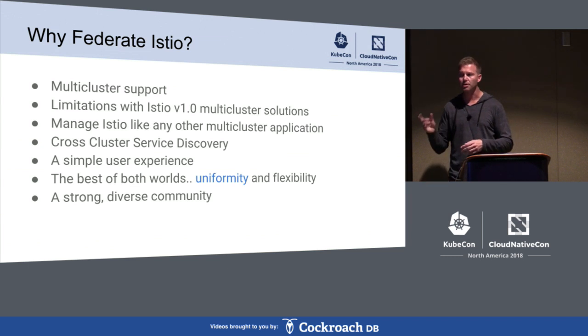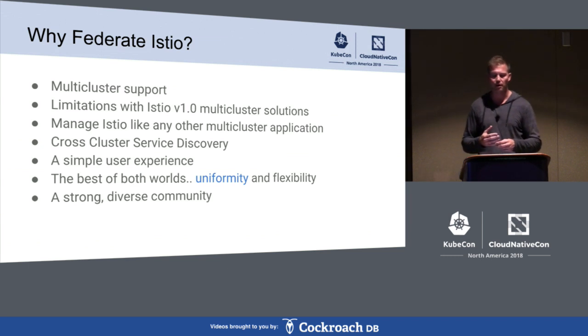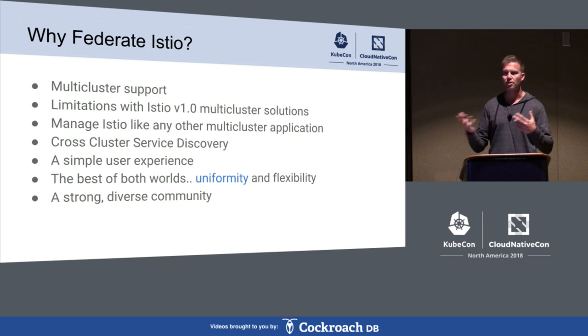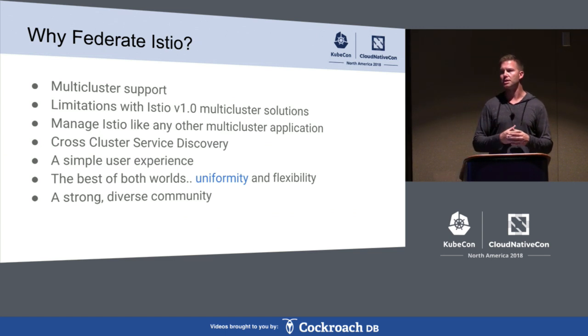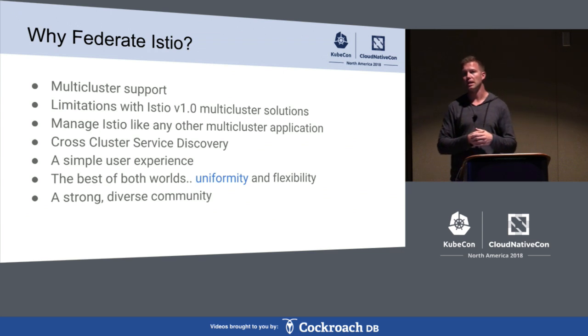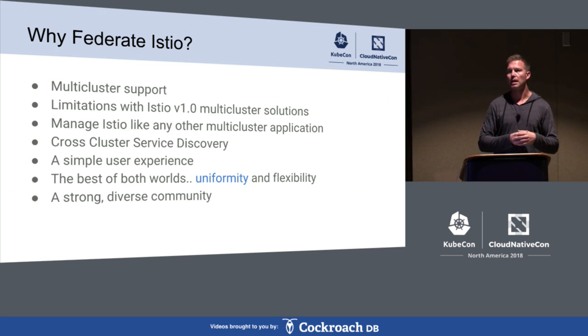One of the features that I really like of Federation v2 is the multi-cluster, cross-cluster service DNS and DNS discovery. If you're familiar with Istio, service discovery is a key component of the platform, and works essentially by leveraging a service registry within the cluster, which is typically done through DNS, either kubeDNS or CoreDNS.